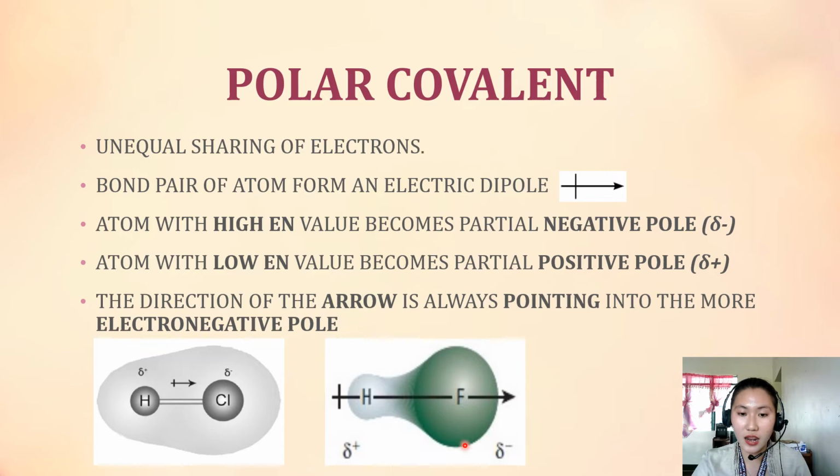So, between the two of them, the one with the high electronegativity value and the negative pole is fluorine. And the one with the low electronegativity value and the positive pole is hydrogen. So, the arrow is towards fluorine. Okay? Got it? So, that is the polar covalent bond.